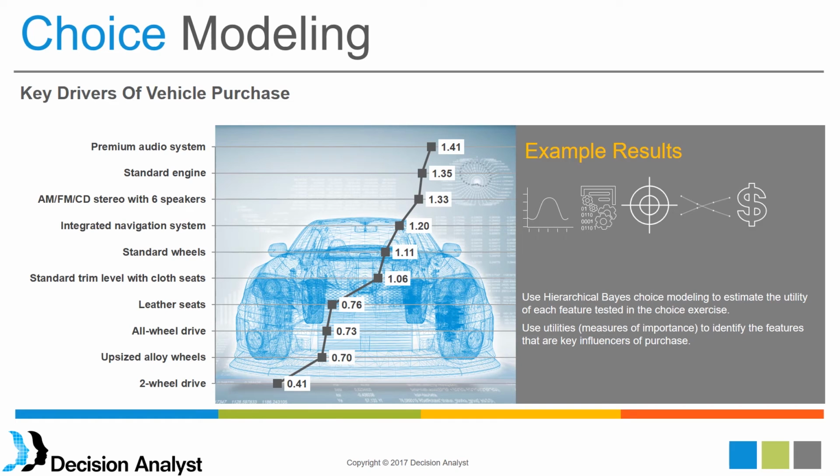So in this example chart, R&D can now see that the premium audio system, the standard engine, and the stereo with 6 speakers are the top 3 most preferred attributes. And that, along with the pricing information shown in the choice task, can be melded with a willingness to pay so that the client or the company can now set some R&D priorities.